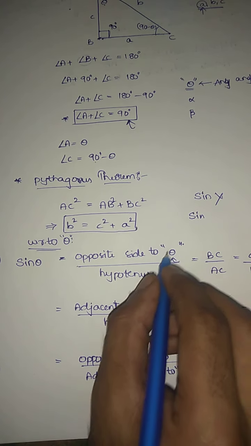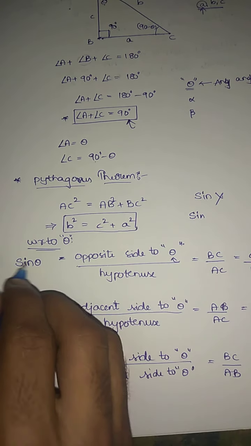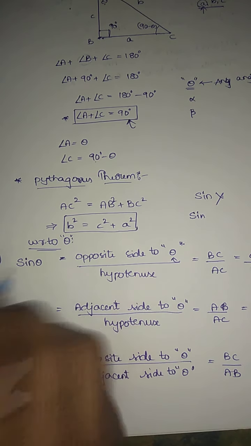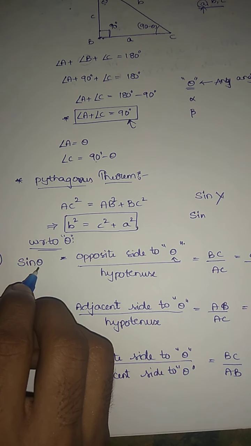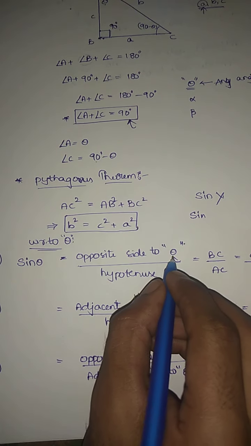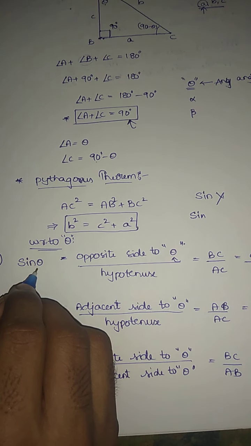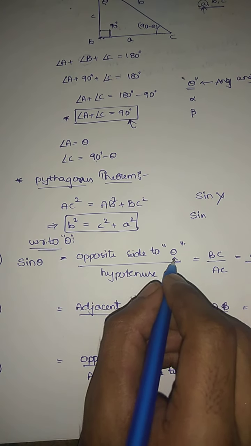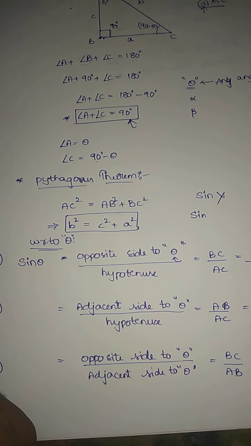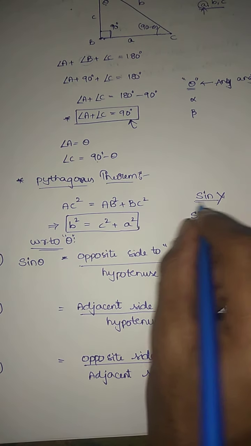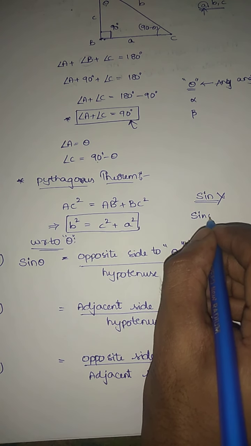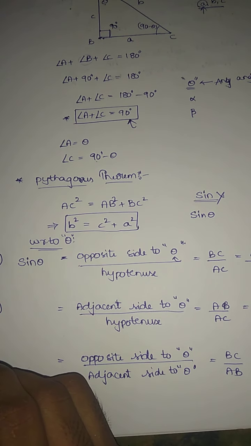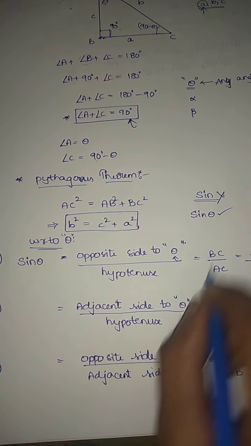If it is 90 minus theta, then you need to write sin of 90 minus theta. Because the angle here is theta, I write theta. Okay, remember only sin has no meaning. You need to write sin and also what the angle is. So this is the correct representation.